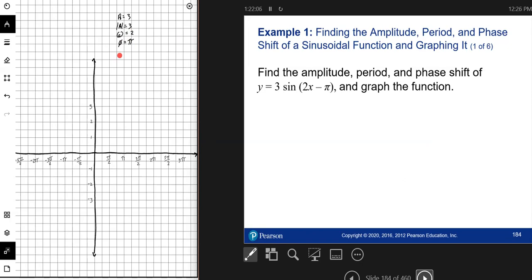And then the period, since it's sine, is going to be 2 pi over omega, which is 2 pi over 2, which is pi. And my phase shift is going to be phi over omega, which is pi halves, pi over 2.